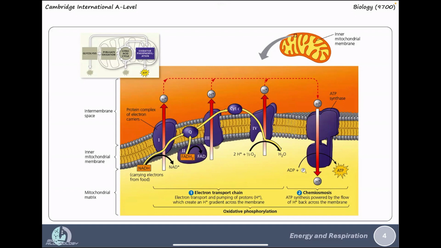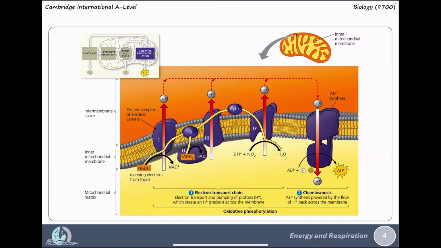You can see that we have electron carriers here that form the electron transport chain. A complete electron transport chain consists of a series of electron carriers. Chemiosmosis involves an enzyme known as ATP synthase.